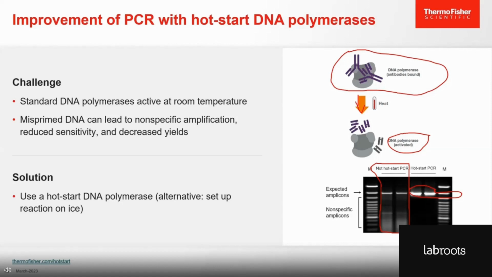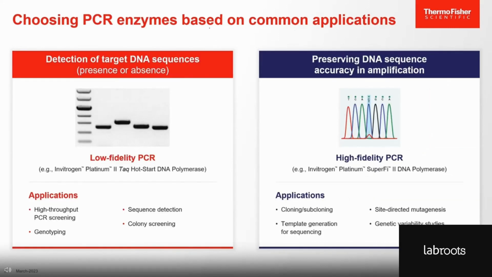cannot fully deactivate it. Now, if you're wondering how to choose between low-fidelity and high-fidelity PCR enzymes, here's a simple tip. If you just need to detect the target sequences by their presence or absence, a low-fidelity enzyme like Platinum II Taq enzyme will do. Typical applications of low-fidelity PCR enzymes include high-throughput PCR screening, mouse genotyping, sequence detection, and colony screening.